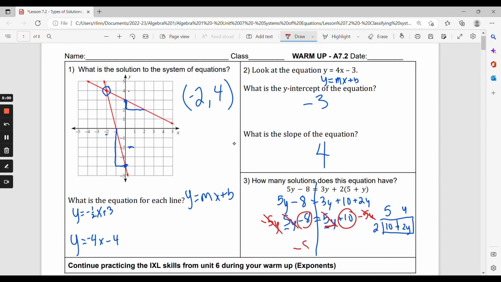That leaves me with negative 8 is equal to 10. Now that is not a true statement. That is completely false. Negative 8 never equals 10. So because that gets a false statement, that means there are no solutions. There is no value that we can put in for y that will make that problem true. So there are no solutions to that equation.